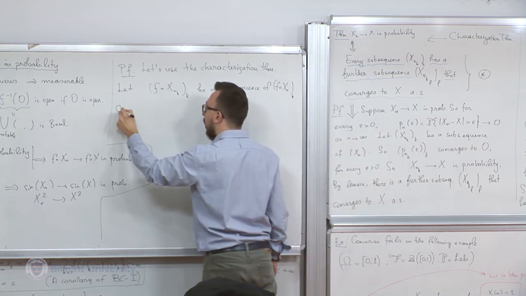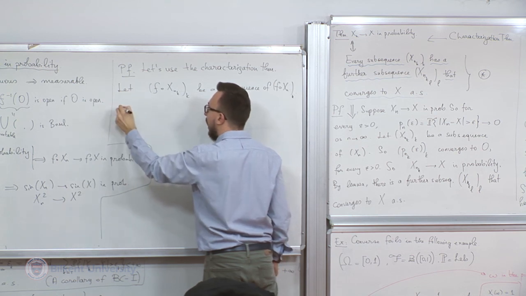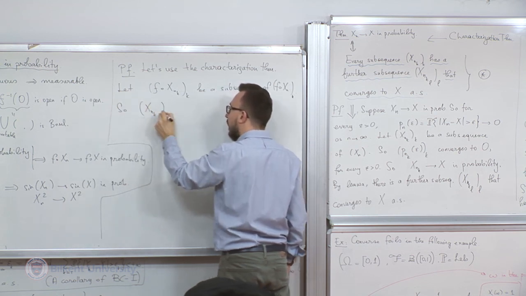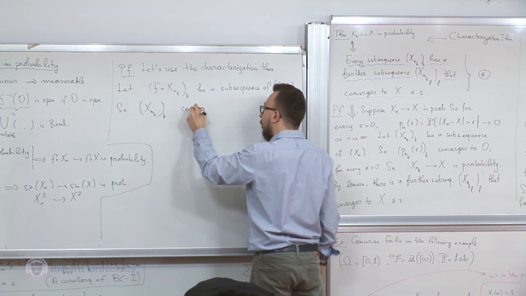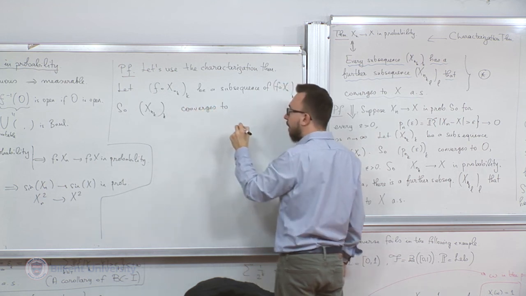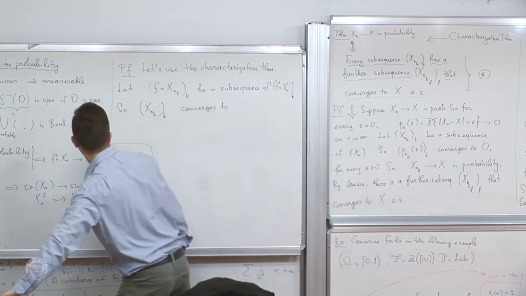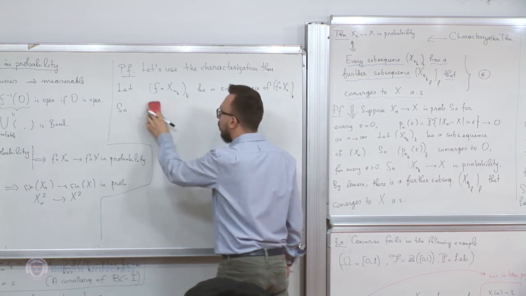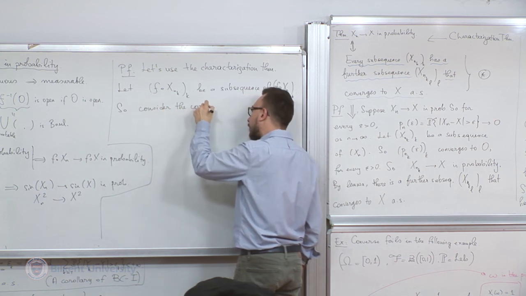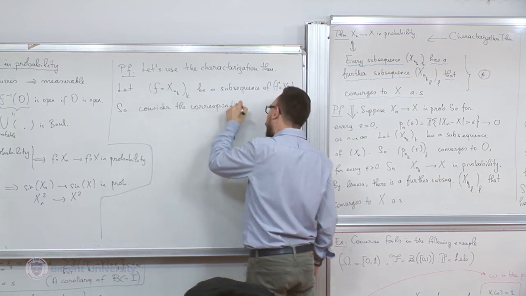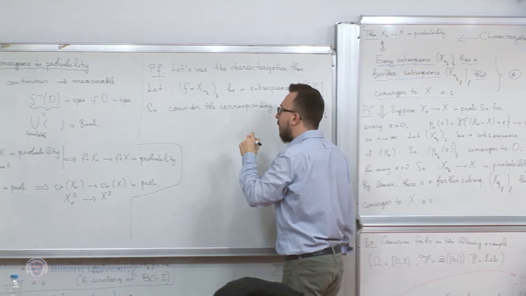So since, if we forget about f, if we just look at the Xn case, so this converges to X, consider the corresponding subsequence X_{n_k}, okay?